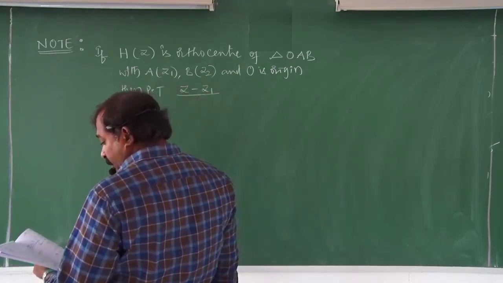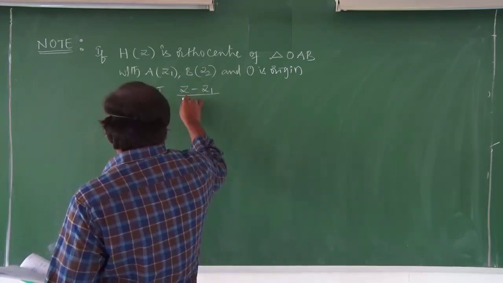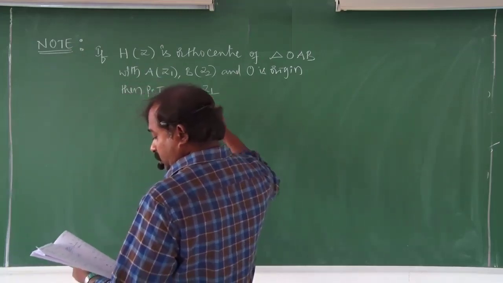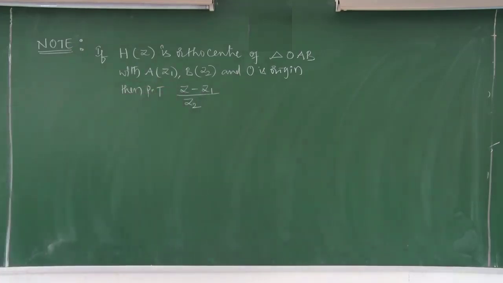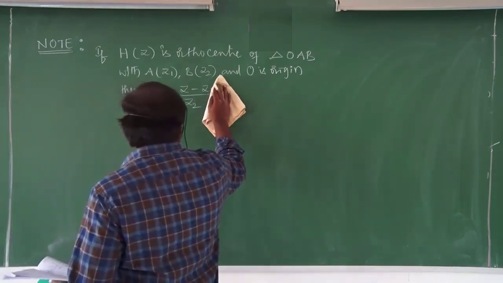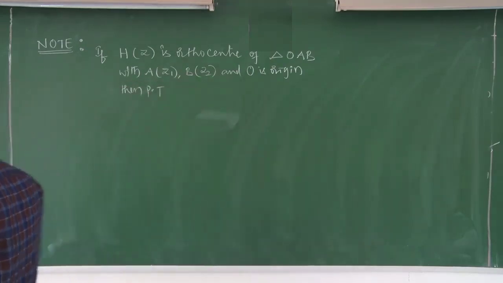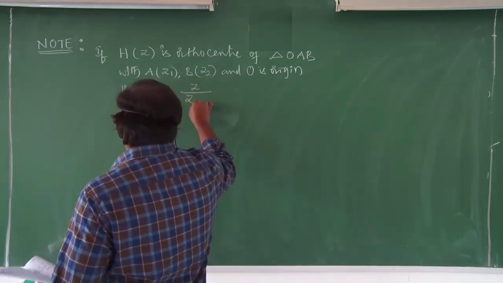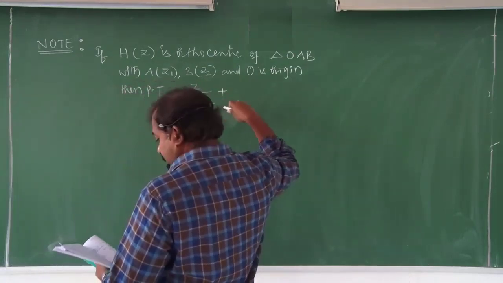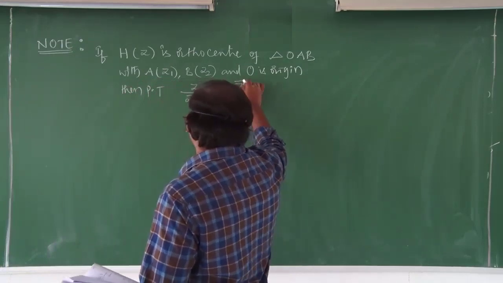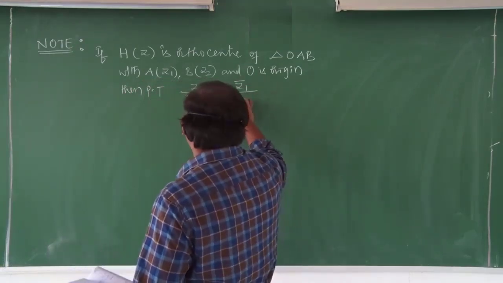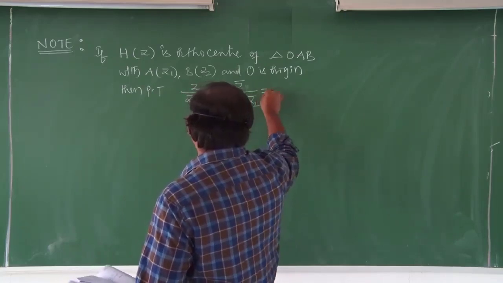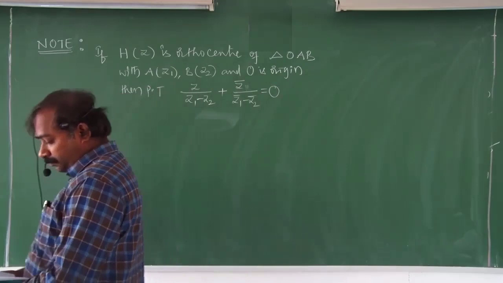z by (z1 minus z2) plus z conjugate by (z1 conjugate minus z2 conjugate) is equal to 0.